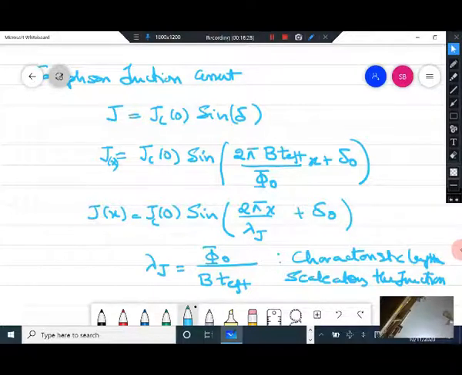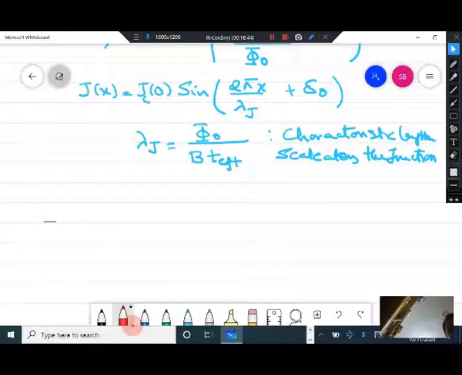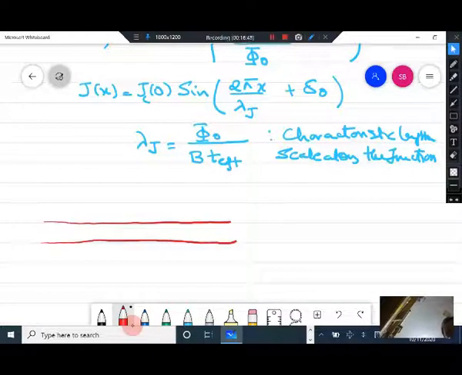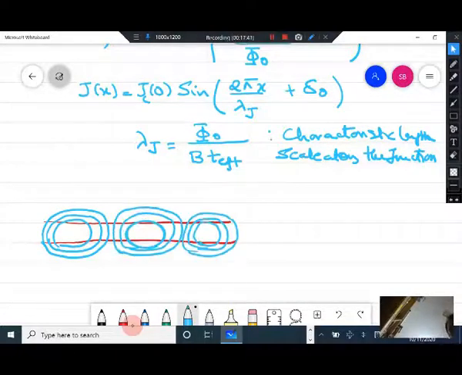What this sinusoidal variation of the current along the junction, where Josephson current is flowing from one side to another, actually tells you is, if this is your junction, the sinusoidal variation of this current means that there is a magnetic field applied to the junction, and there are currents which are circulating around this junction.